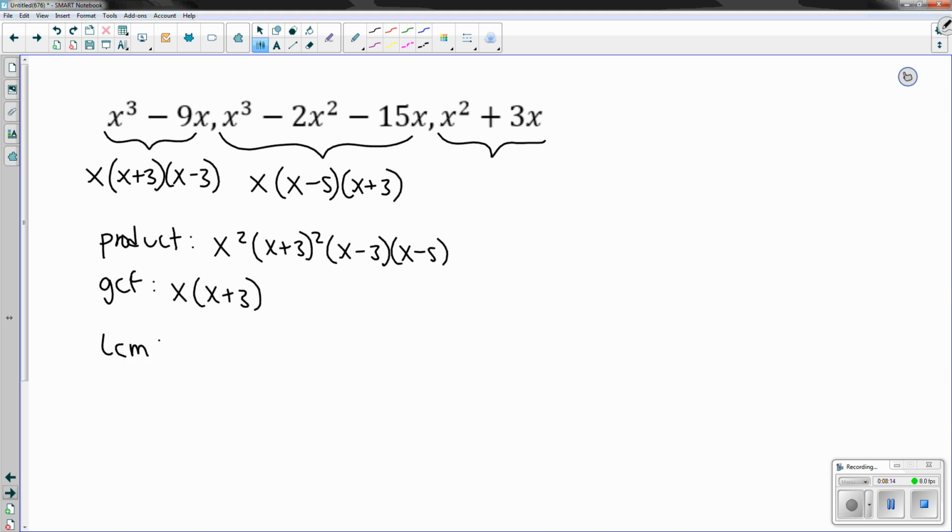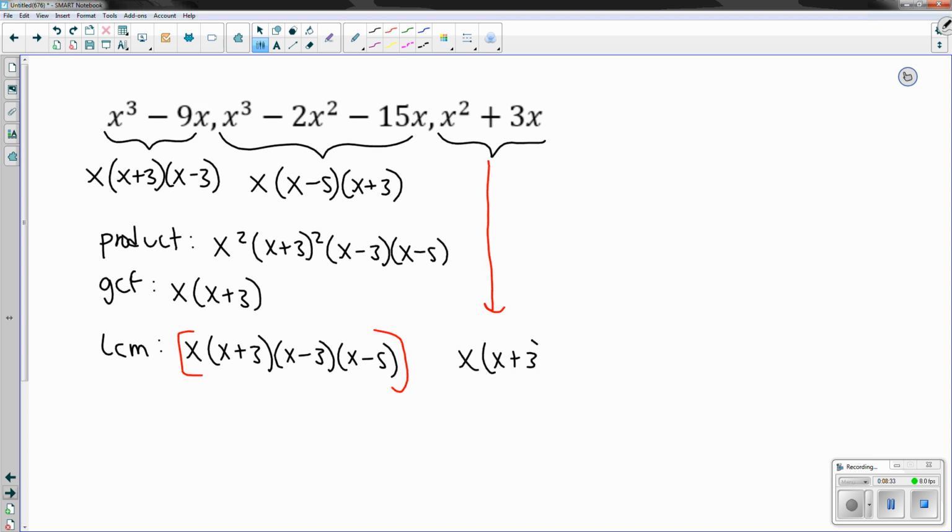LCM, if we were to write the product over the GCF, you would notice the x's would cancel and the x plus 3's would cancel, and we'd have x, x plus 3, x minus 3, x minus 5. So this is the new thing we want to work with compared to this, which is going to factor into x, x plus 3. And now we're trying to find the LCM between these in order to get the LCM between the original 3 expressions.